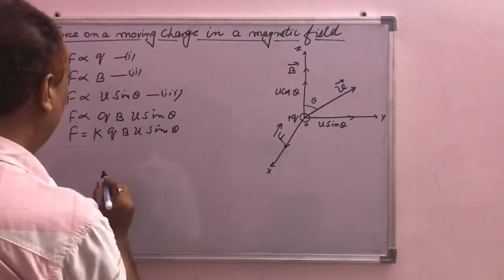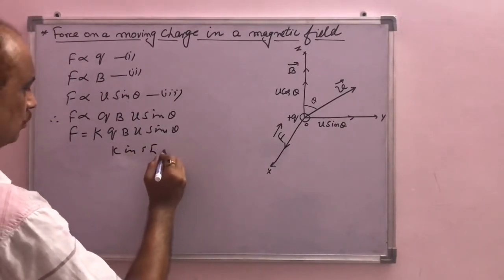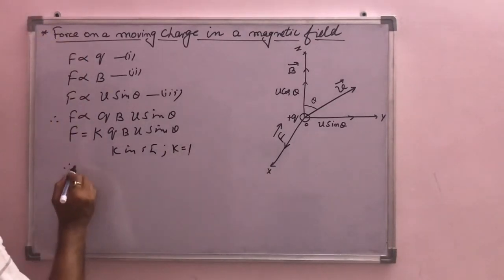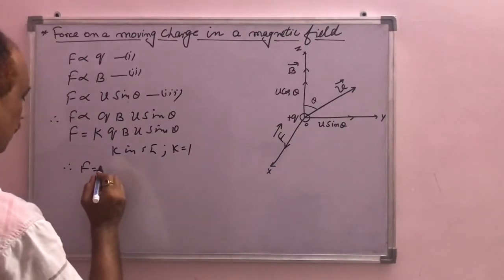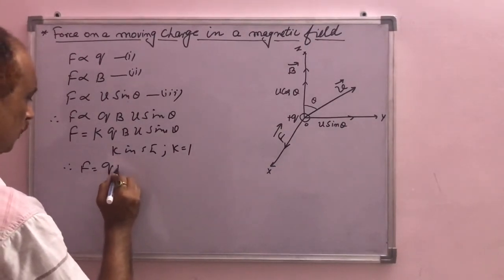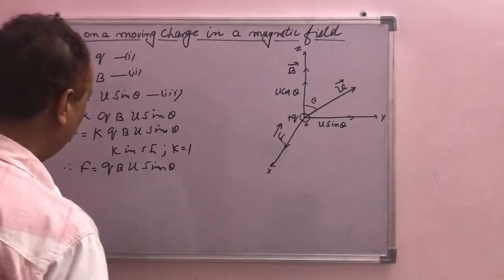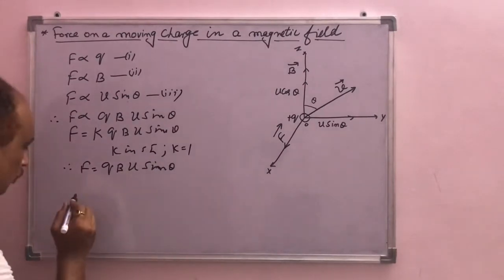When we find the value of k in SI units, k is equal to 1. Therefore, the magnitude of force acting on the charged particle in the magnetic field B is given by q B v sin theta. And this equation can be written in vector notation.